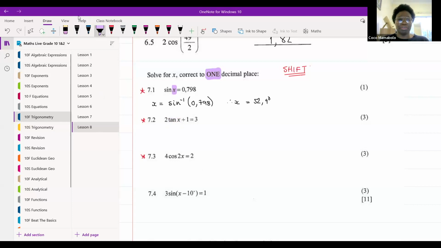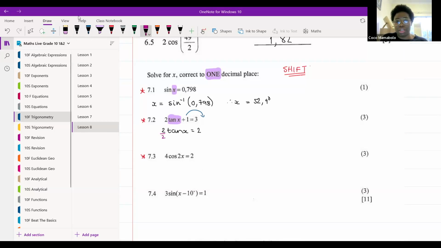Okay, so we want to isolate tan x. That's the thing that we want on its own. So first thing I'm going to do is take that +1 over to the other side, and it's going to become -1. So I'm going to get, thank you, Wanga, 2 tan x is equal to 3 minus 1, which gives me 2, but then that 2 is still problematic.